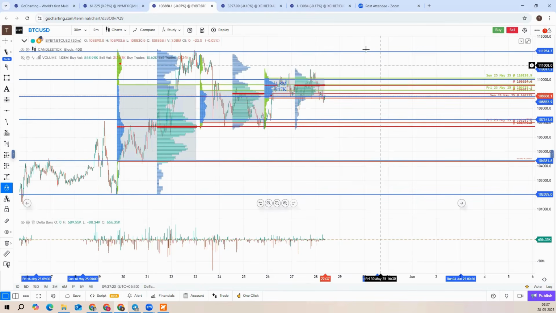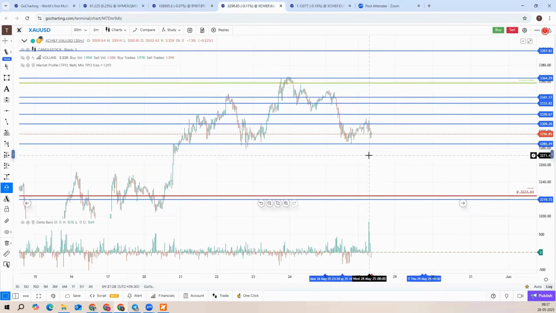After Bitcoin, let's talk about XAUUSD. Again, guys, this was a value area we talked about earlier, and this was another value area from where the market took support. It went up. Now it has traveled, and the market is inside this value area. Let me try to make these areas for you.